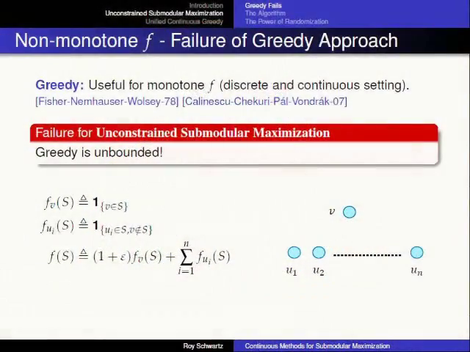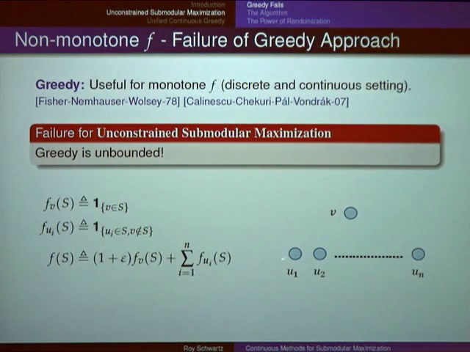This is a very simple example. We have n+1 elements in the ground set, let's say v and u1 up to un. We have an indicator function of whether the subset contains v, and this function is, of course, submodular. And we have an indicator function for every ui, which says whether ui is in the subset and v is not in the subset. This indicator function is also submodular.